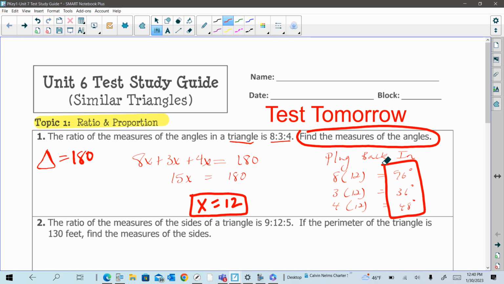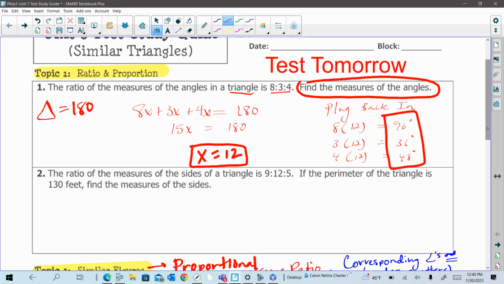Okay. 2 is similar to 1. The only difference is now it's taking this ratio with perimeter, and they tell you the perimeter is 130 feet.